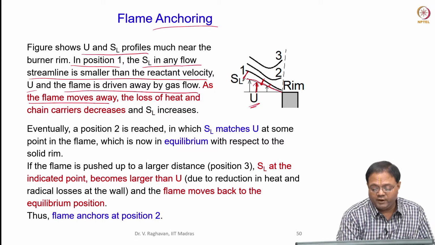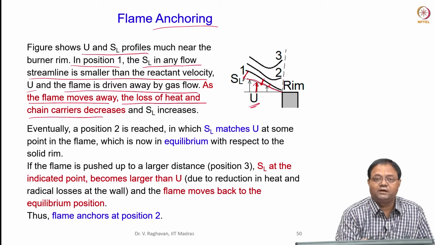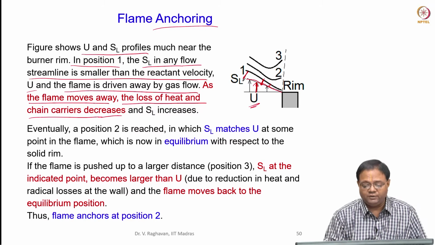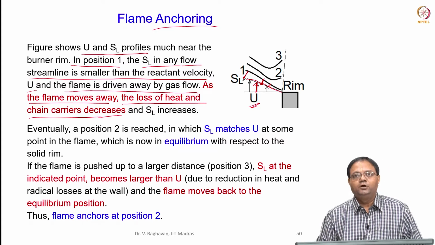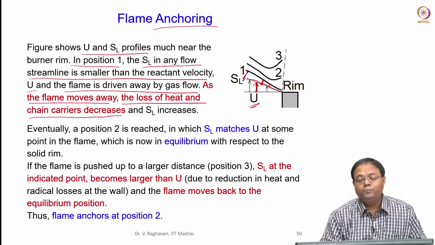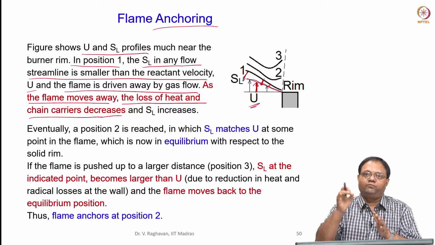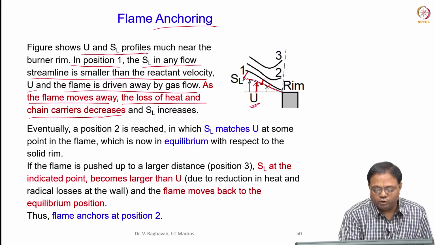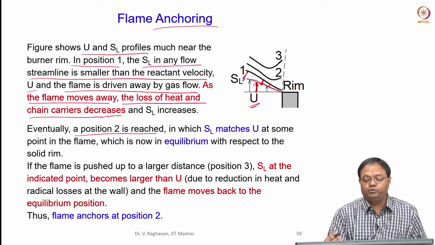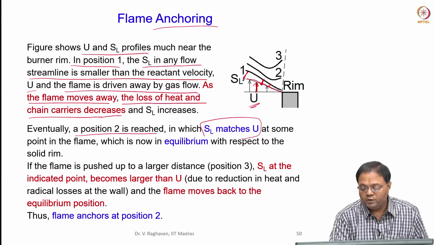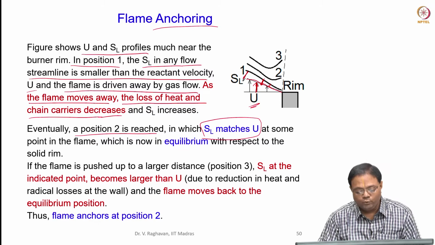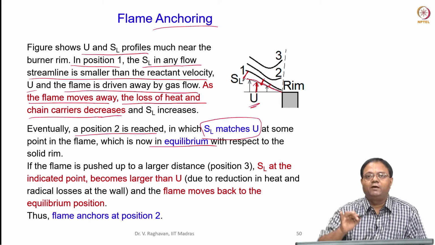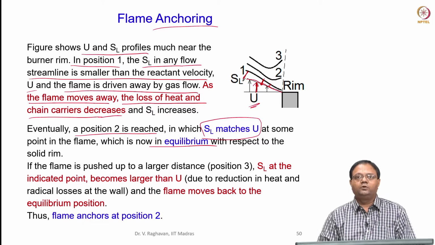As the flame moves away, the loss of heat and chain carriers, the radicals, decreases, so SL will increase. So now at position 2, it will have sufficient SL to match U. So position 2 is reached, that is the equilibrium position where locally SL matches the U value, and the flame will now sustain at that point.